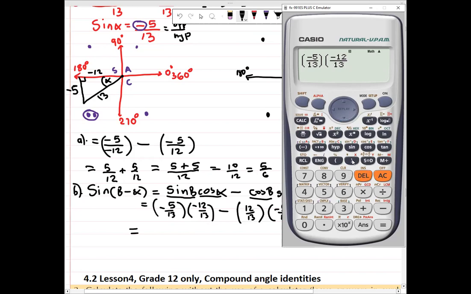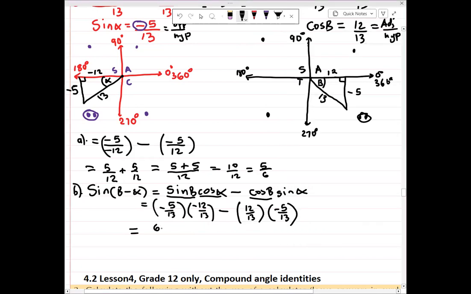Then you close, right? Then it gives you 60 over 169. Let's write it down. So it's going to be 60 all over 169.